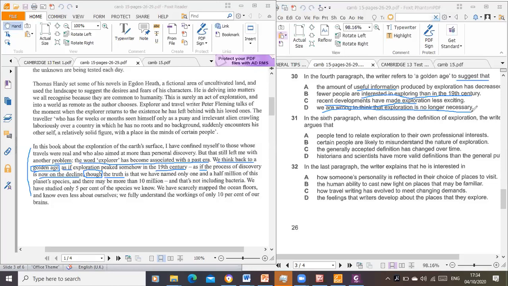You can see most of the answers at least contain some elements in the passage. We think back to a golden age as if exploration peaked then, as if discovery is now on the decline, though the truth is there is still more to be discovered.